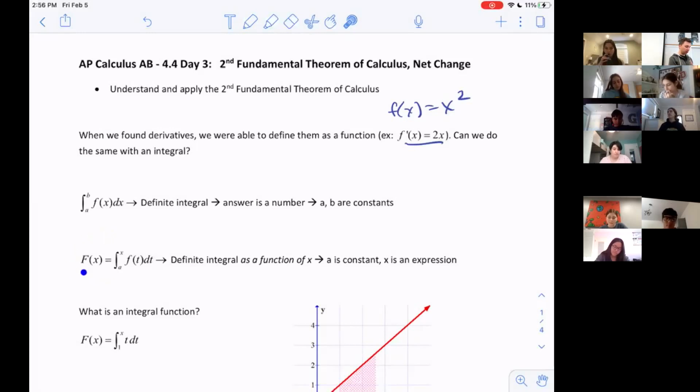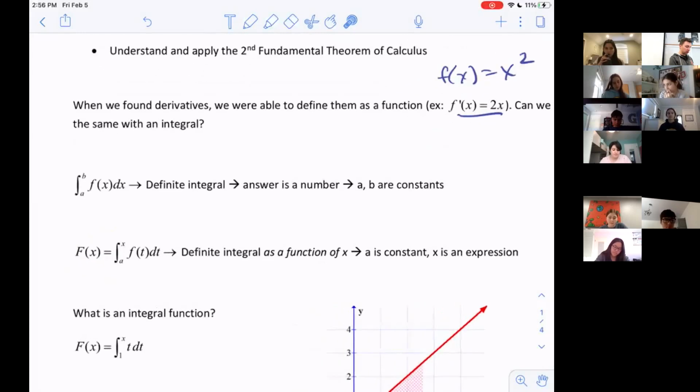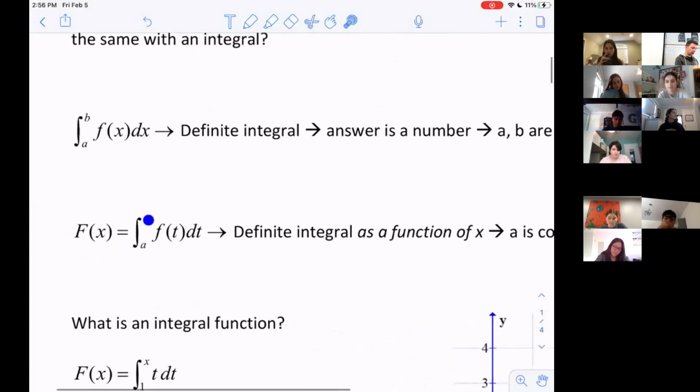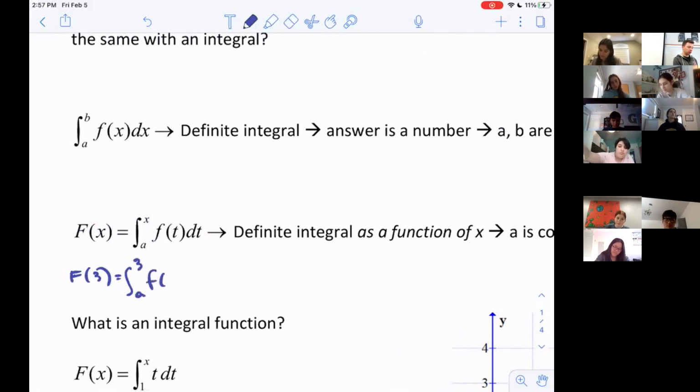We call it capital F of x equals the integral from a to x of f of t dt. Notice this function, capital F of x, the input is x. So if I wanted to find capital F of 3, this would turn into the integral from a to 3 of f of t dt.